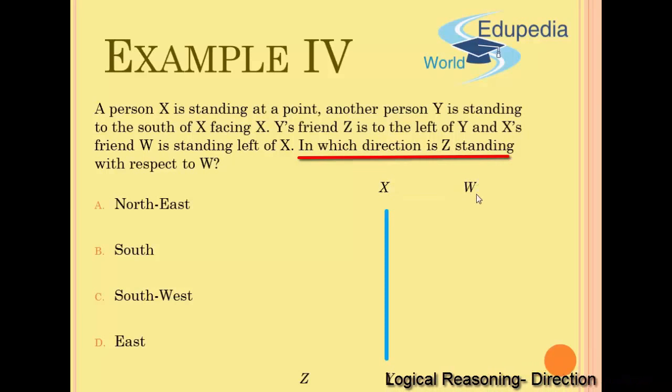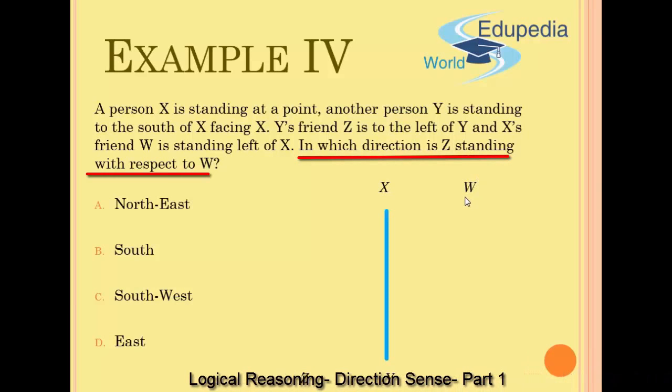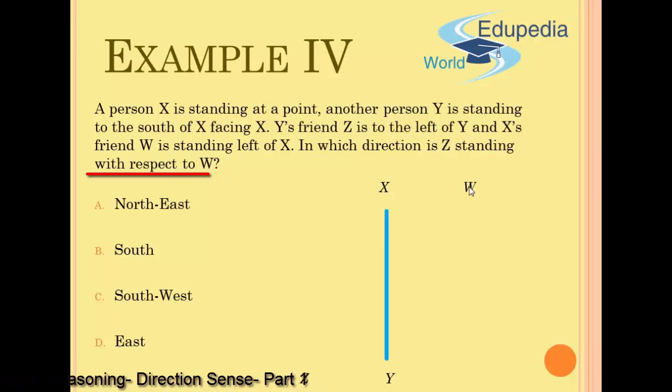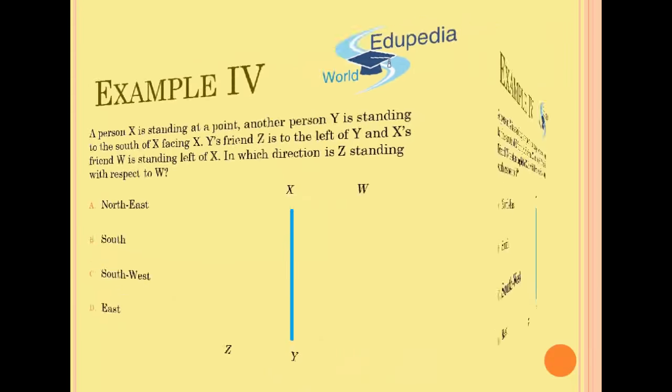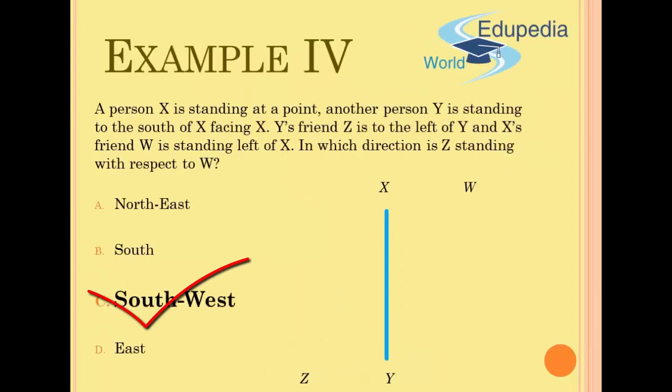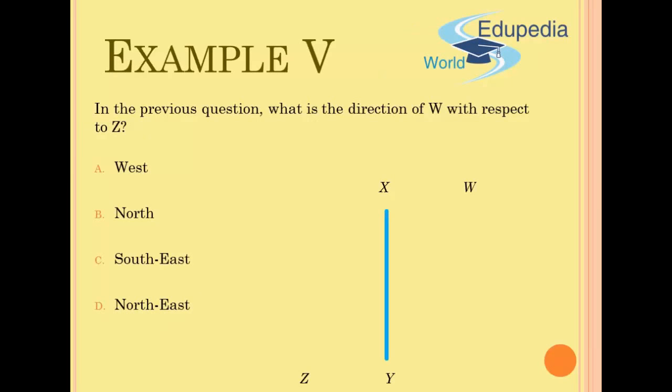The question asks, in which direction is Z standing with respect to W? If you look at it from W's perspective, Z is in the southwest direction. As a continuation of this, the next question is, in the previous question, what is the direction of W with respect to Z? Now when we look at it from Z's perspective, W is standing in the northeast direction.